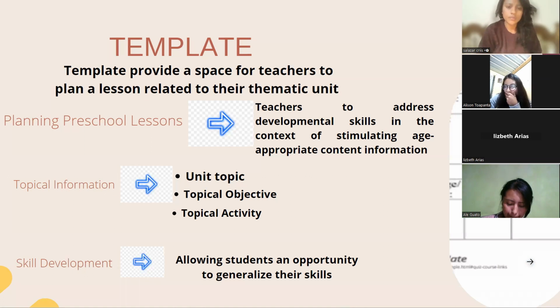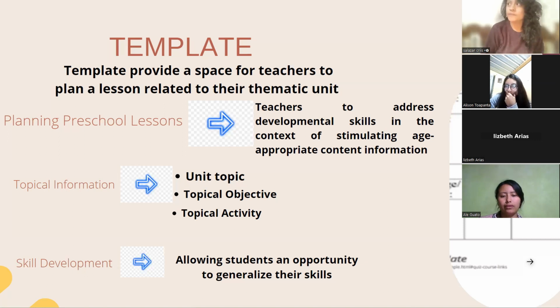Topical information. The top of the template contains 3 important points. The first one, unit topic. Second one, topical objective, and third one, topical activity. Unit topic refers to the topic of the teacher's current thematic unit, such as transportation or ocean life. A topical objective will often be a question that the student should be able to answer.